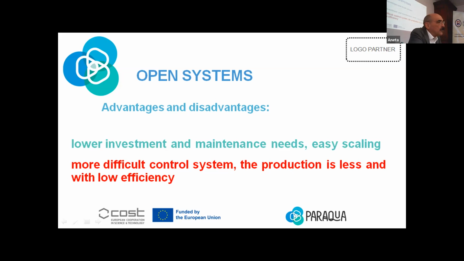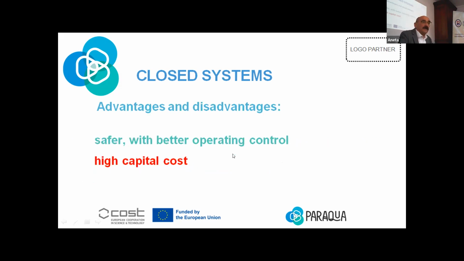It's more difficult to control, and production is usually lower, because we are talking about smaller enclosures than when we talk about ponds that can be a couple of hectares. A closed system is safer, and you can really control the situation in the enclosure you have, but the capital costs are usually very high.